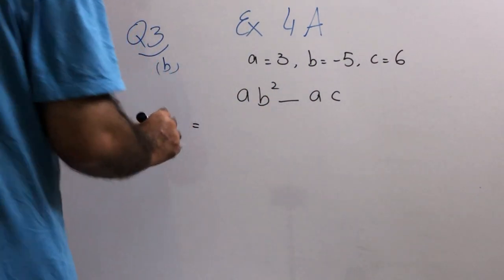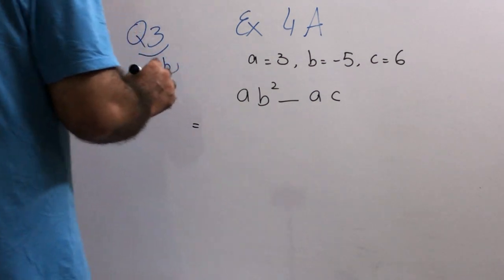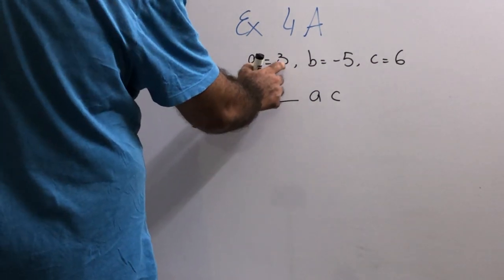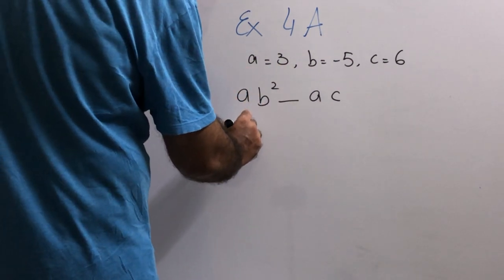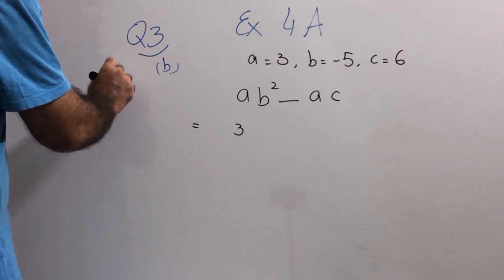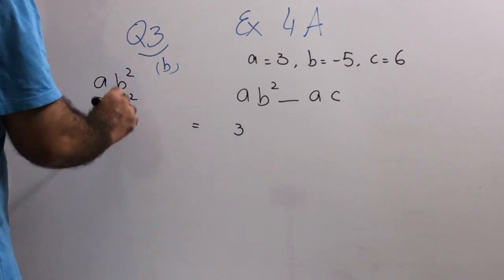Start by putting equal sign. So now we'll be plugging in the values. Place the values. a will be replaced by 3. Here it will be 3. And remember that ab square means a is being multiplied with b square.